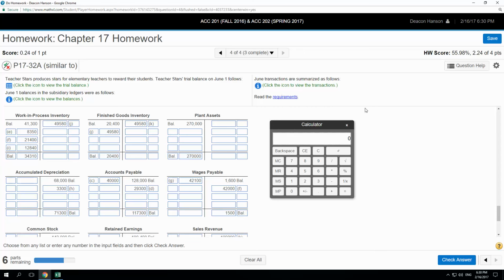The ones with more transactions have more chance for error. So let's do work in process. $34,310.